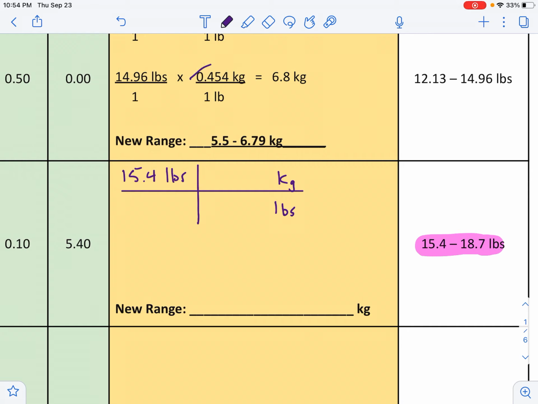We know our conversion factor is listed right here. So 1 pound is 0.454 kilograms. So that establishes the low end of our range.